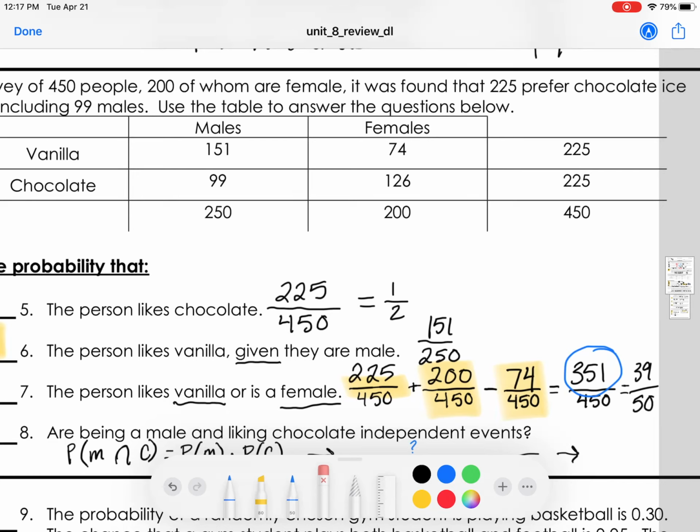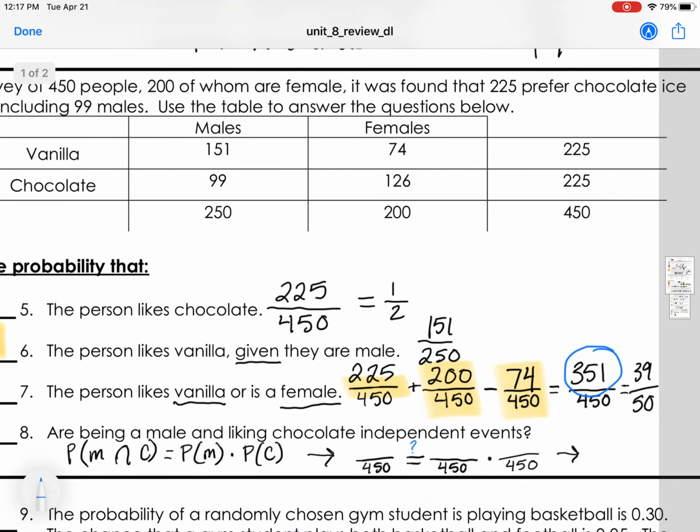All right, looking at number 8, it says are being male and liking chocolate independent events. So the first thing that I did was write down the formula for independent events. The probability of the two events where they intersect needs to equal the probability of the first times the probability of the second.